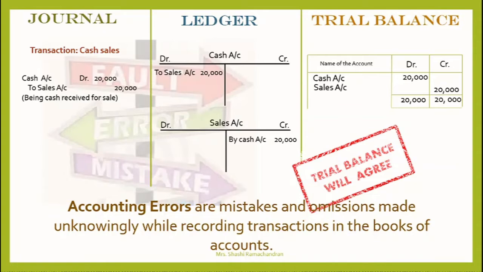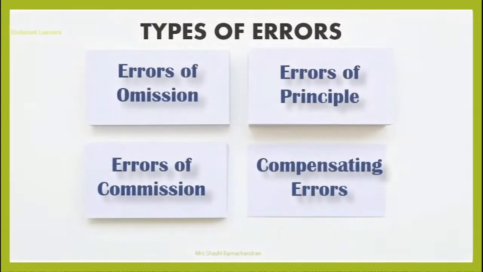The errors are classified into four categories: errors of omission, errors of principle, errors of commission, and compensating errors. There are some errors in these which affect your trial balance and some which do not. But remember, all these errors are to be rectified.